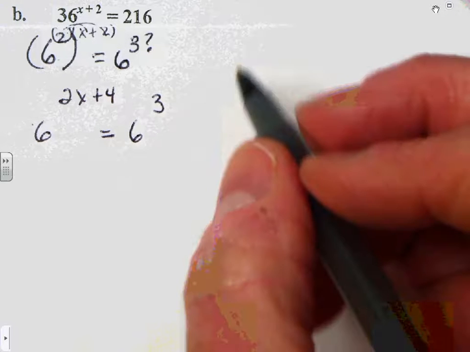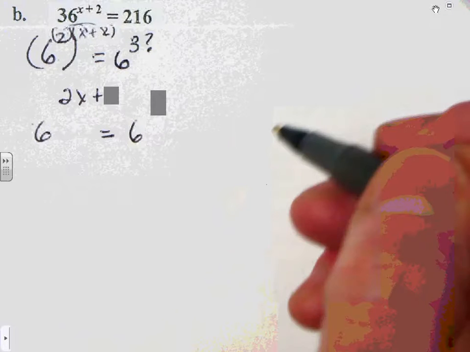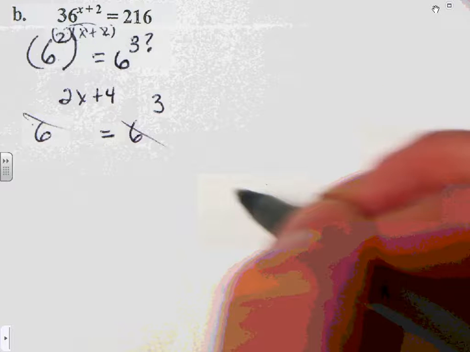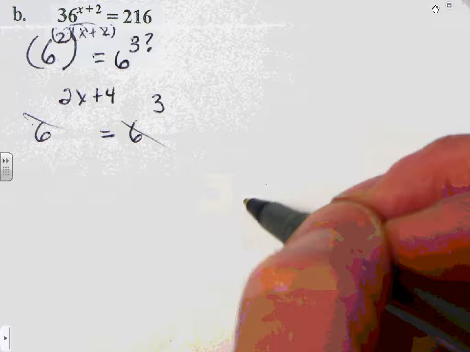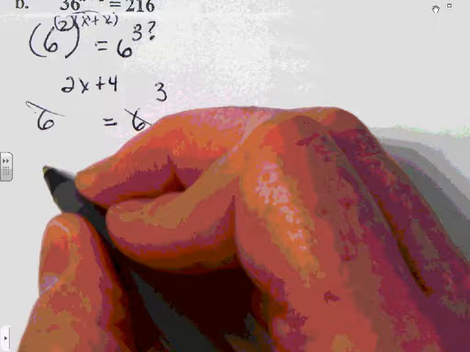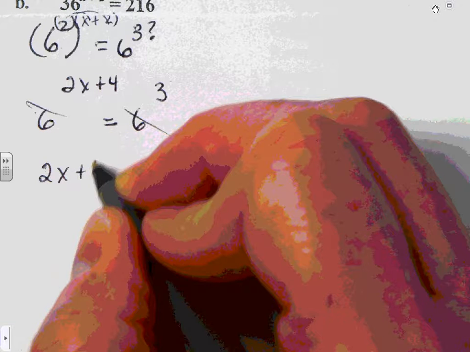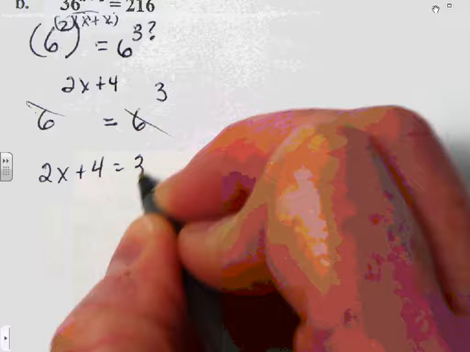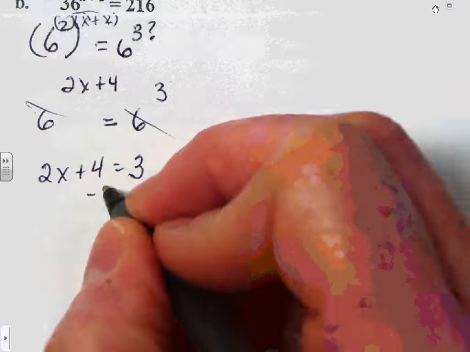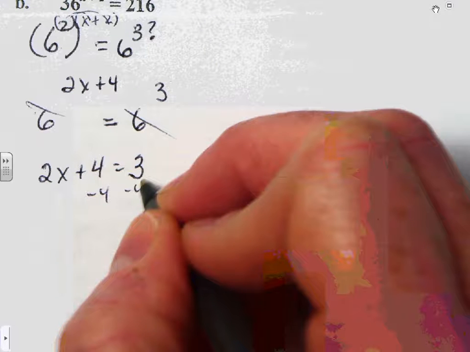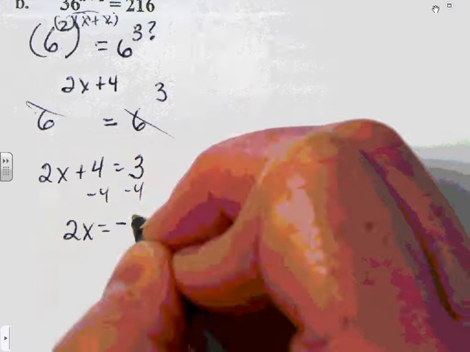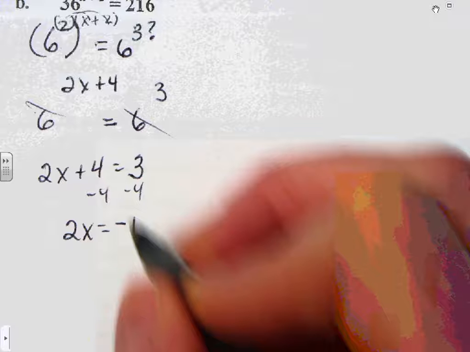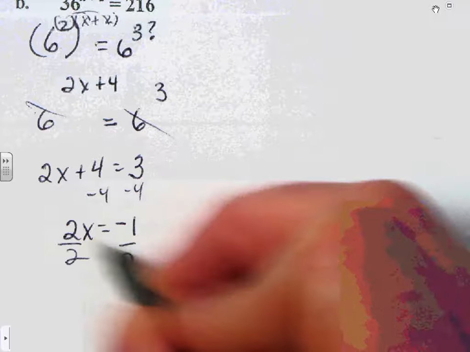Remember that exponent property that if I can get my bases to match, I can wipe out the bottoms. Boom, boom. And now I just deal with what's left over. 2x plus 4 is equal to 3. Subtract the 4 from both sides. So 2x is equal to negative 1. Divide by 2. So x is equal to negative 1/2.